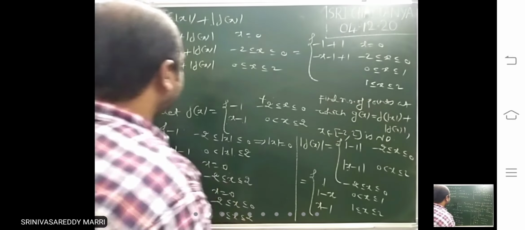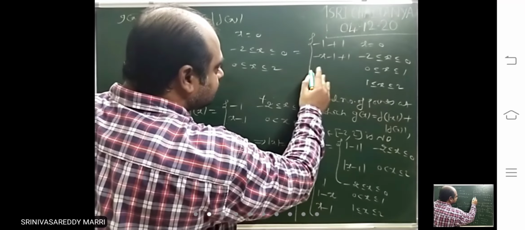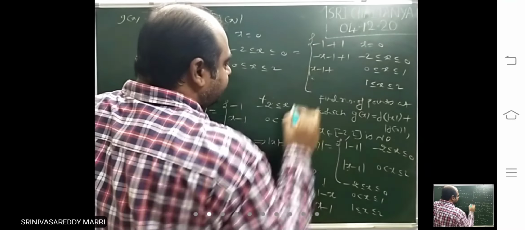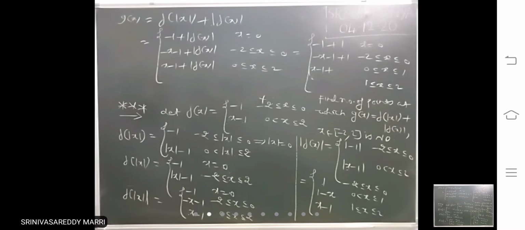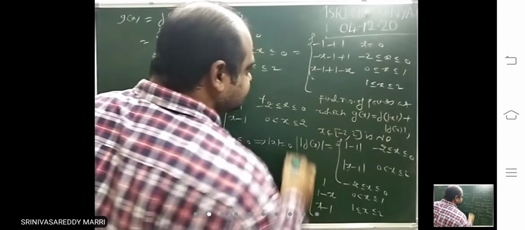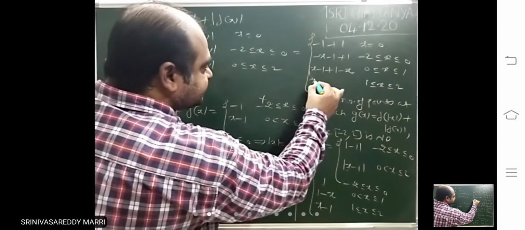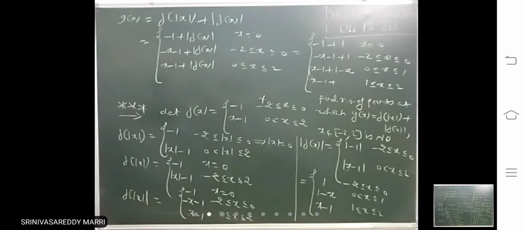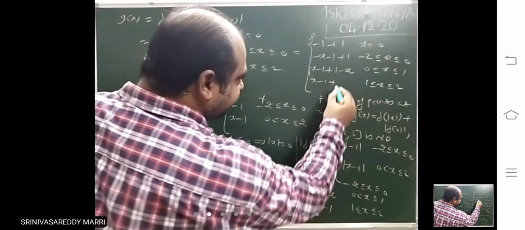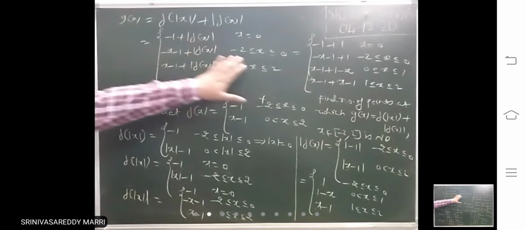For 0 to 1, I am writing x minus 1 plus, what is modulus f of x in 0 to 1? 1 minus x. So next, 1 to 2, the same one, x minus 1 plus, for 1 to 2, what is it? X minus 1. So this gives the complete definition of g of x.